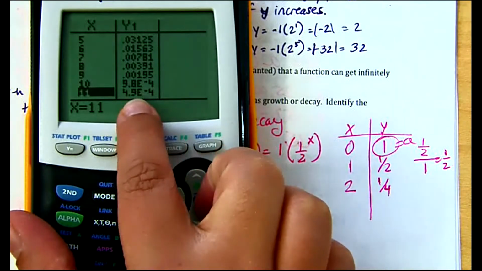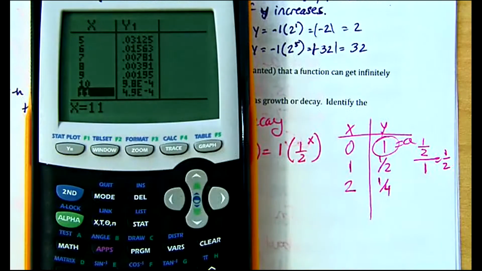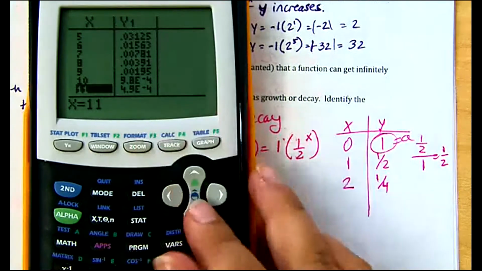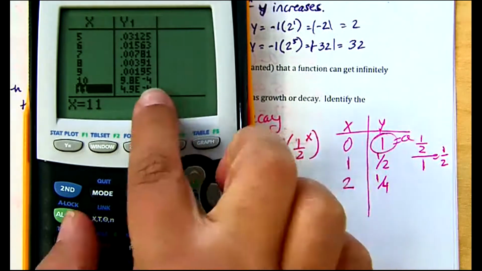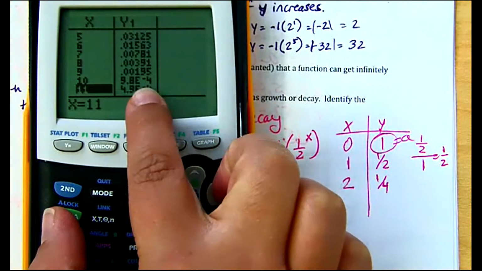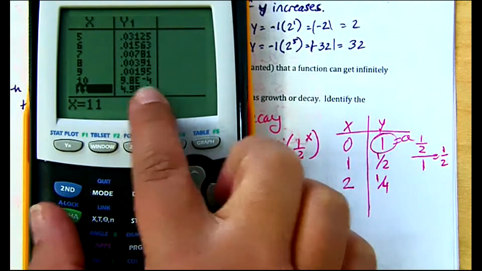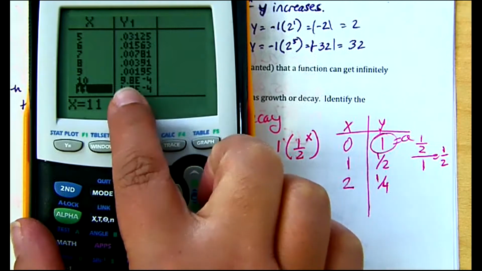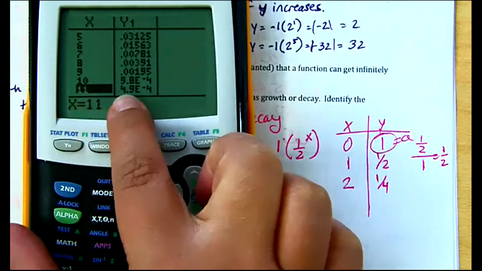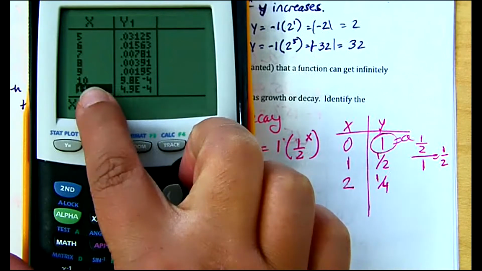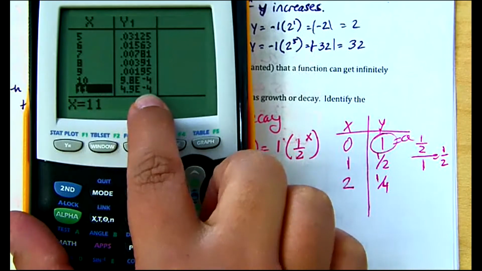This is scientific notation. Did you guys ever learn scientific notation in chem? Yeah. So this is 9.8 times 10 to the -4 power, right? That means move this decimal 4 spaces to the left. Watch how this is going to increase now.